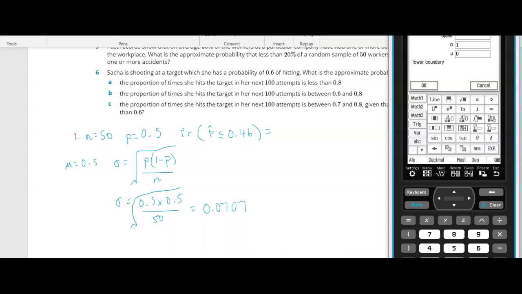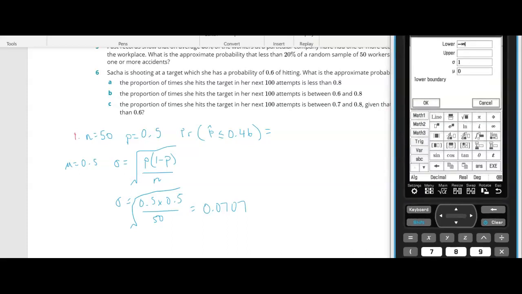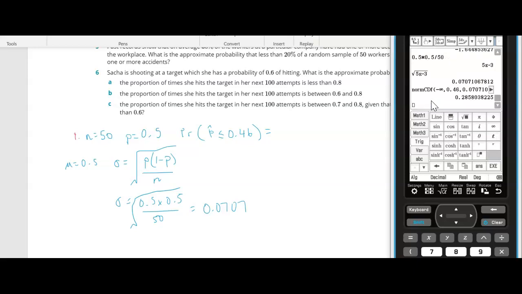Here we go. And you can't see my calculator, so I might just scroll down. And your upper limit is 0.46. And your standard deviation is there. Just make sure I did 0. Yep. And then the mean is 0.5. All right, so we get 0.2858.